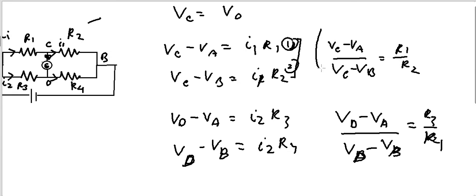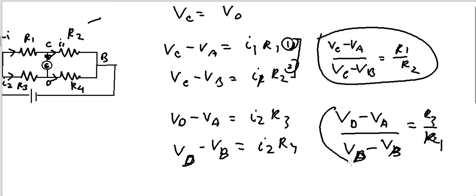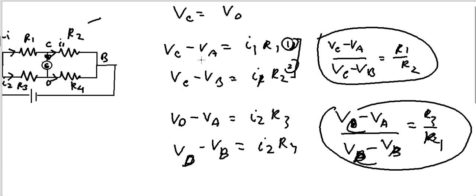Okay, so we have these two equations now, this one and this one. If there is no current flowing through the galvanometer, then VC is equal to VD. Then this VD can be substituted by VC at this point. Now if you compare these two equations, the left hand side has become the same, VC minus VA and VC minus VB.